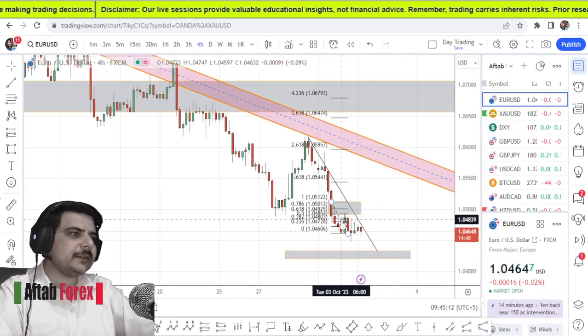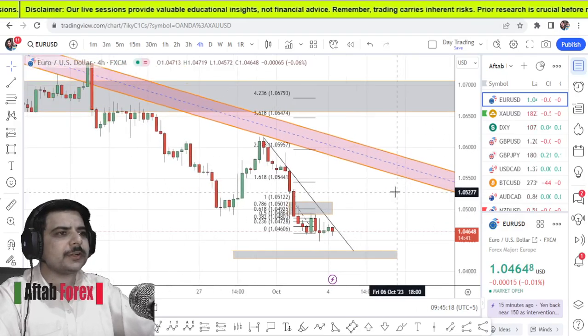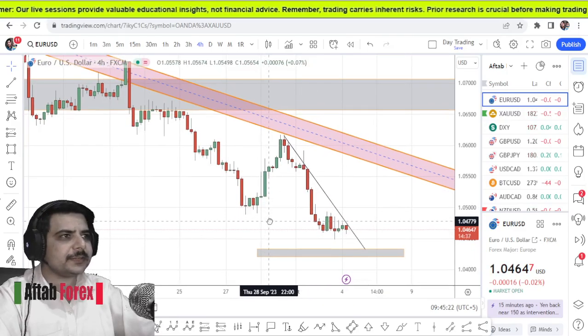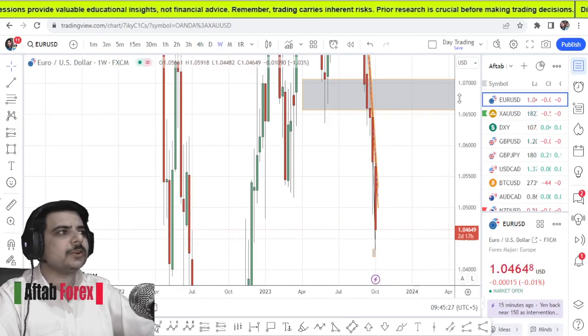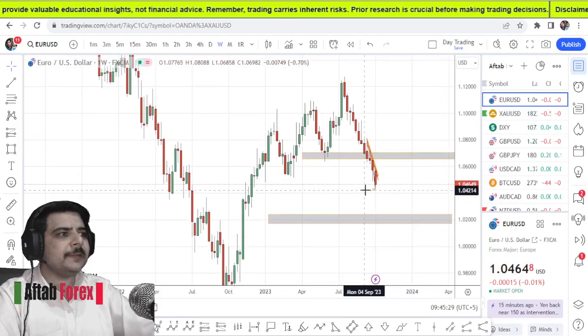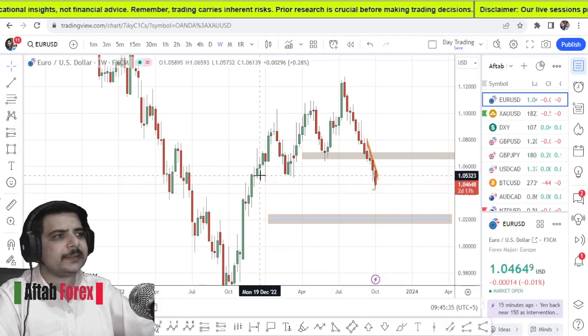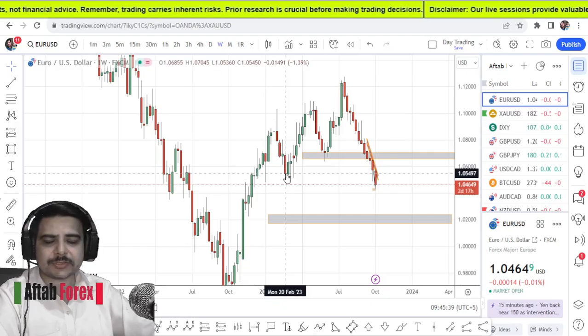So I'm deleting this Fibonacci from right here, and euro dollar, it is long term. I have explained it, right? And what I found from the long term analysis is that market is going to take a retest near 1.04249, and it did, and even we have got a break below the structure as well.